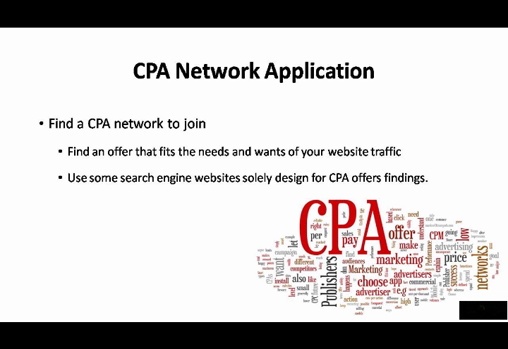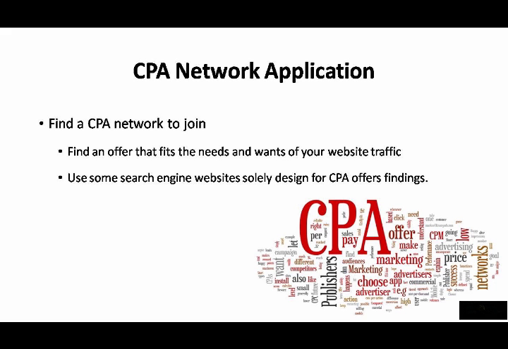After learning about the CPA network, you should now find a good CPA offer to insert into your website. While doing this, you should find an offer that fits the needs and wants of your website traffic. For example, if you have a website about gaming, then the CPA offers you incorporate into your website should also be related to gaming.